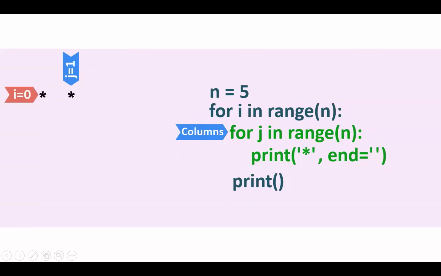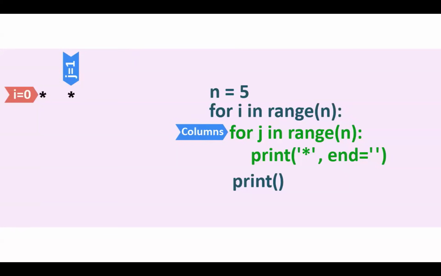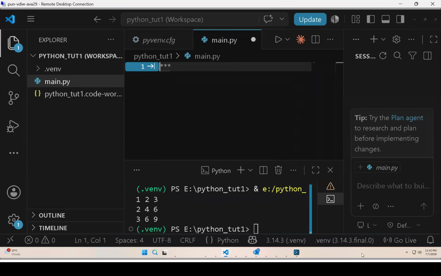So what if I just print this one? What will I get? If you just print this one, are we printing a star or numbers? We are printing star. It's only star pattern right now.